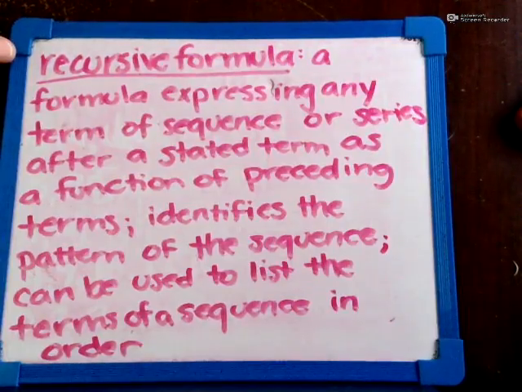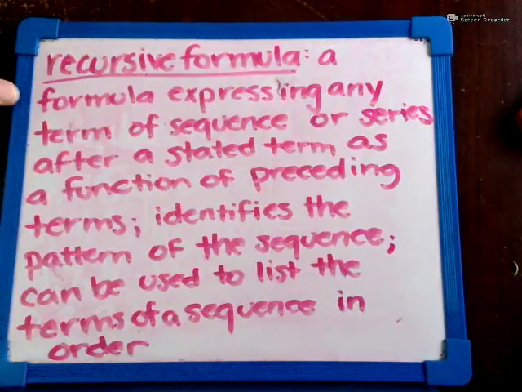A recursive formula is a formula expressing any term of a sequence or series after a stated term as a function of preceding terms. I love definitions like this. Basically, this is a formula that tells you what term is going to come next in a series of numbers like we just looked at, based on the numbers that they've given you.